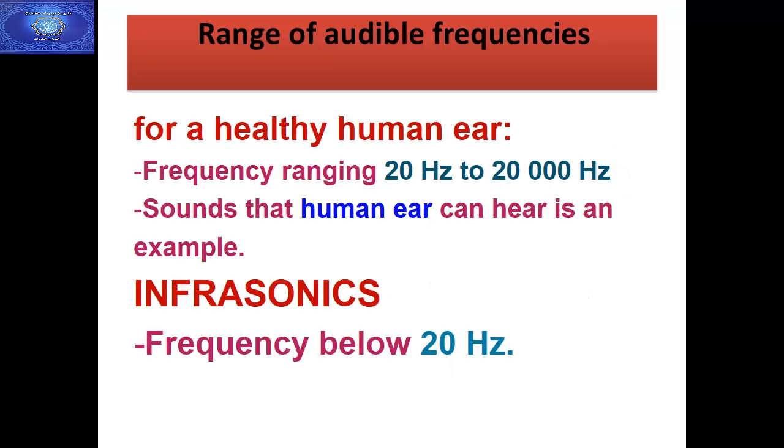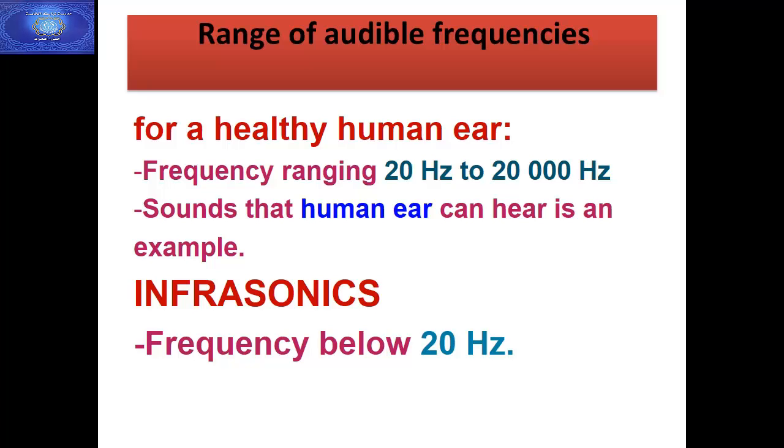Range of audible frequencies. For a healthy human ear, frequency ranges between 20 Hz to 20,000 Hz. Sounds that a human ear can hear are an example. So, our ear can hear only frequencies between 20 Hz to 20,000 Hz.